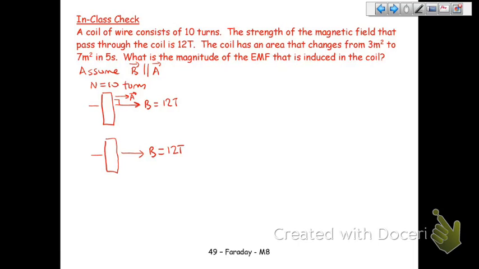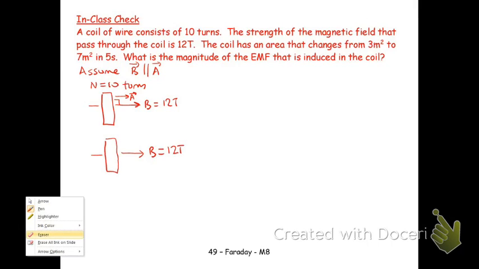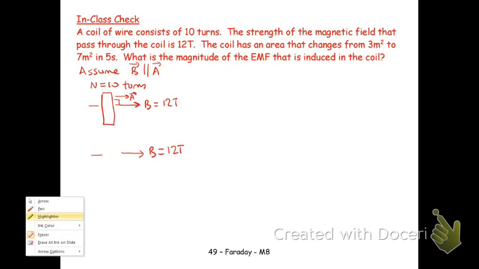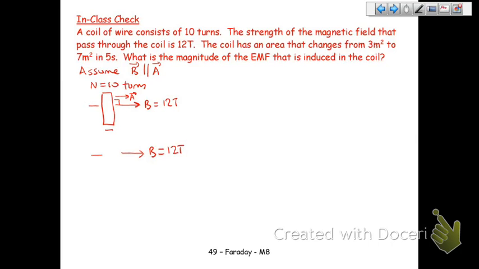But now my area, I should draw my area differently. It's gone from 3 to 7, so let's illustrate that a bit better. This A is equal to 3 square meters, and now A is equal to 7 square meters.